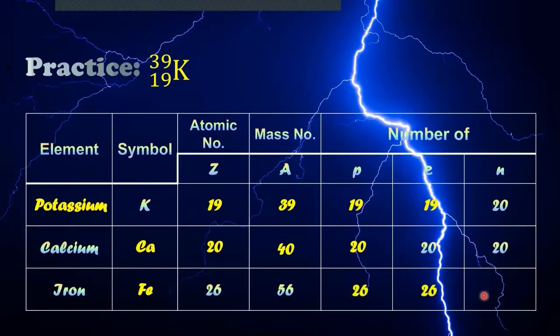And to get the number of neutrons, simply subtract any value of ZEP, it can be A minus Z, A minus P, A minus E. We still have the same answer.